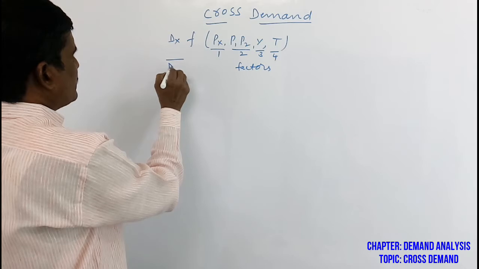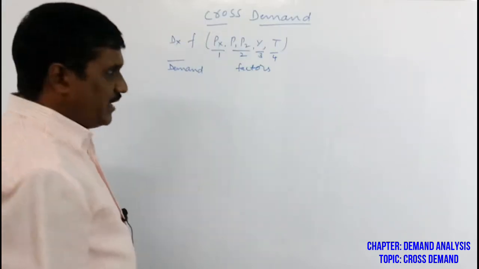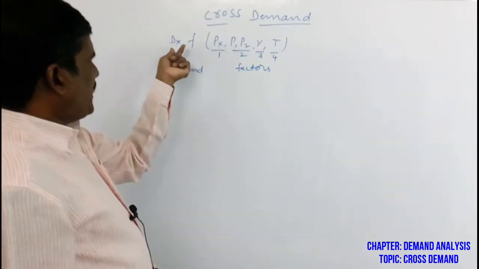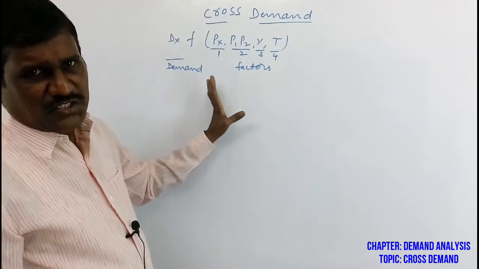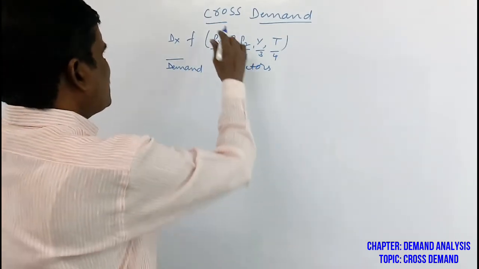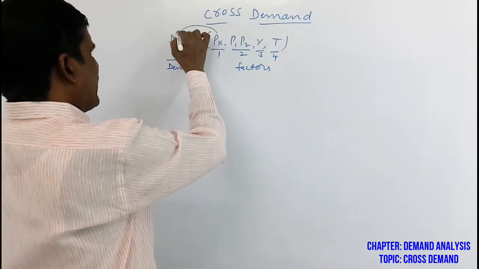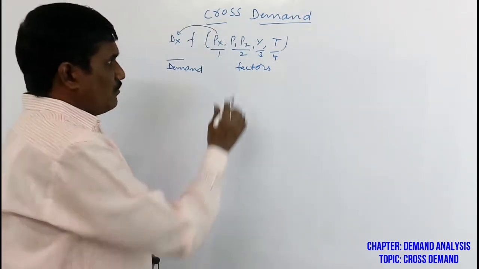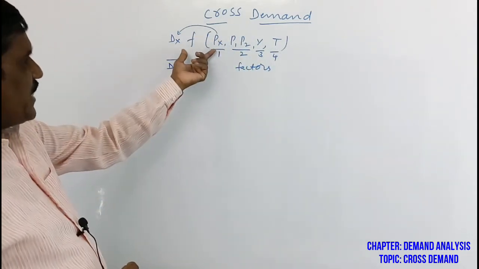And this is called demand. The relationship between demand and demand factors is called the demand function. Already we discussed the relationship between price and demand, when the remaining factors are kept constant.